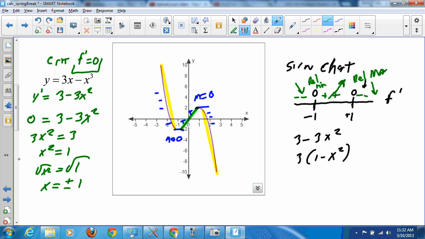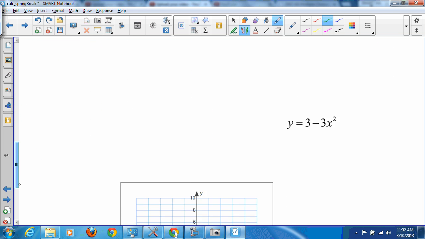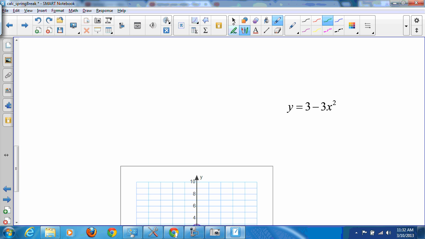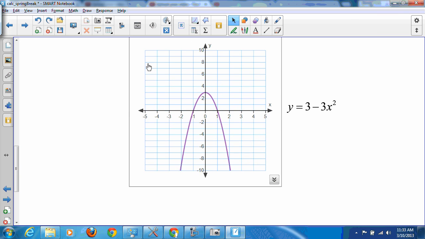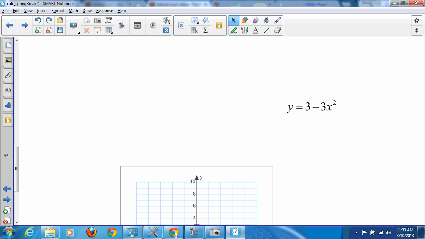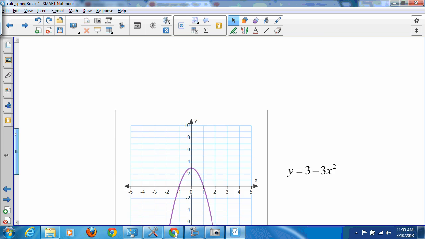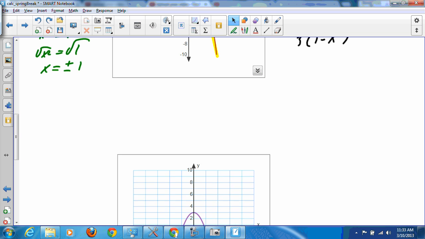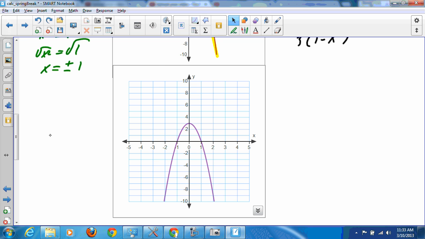Well, let's take a look at the derivative graph. I went ahead and graphed it over here, so let me pull it up a little closer so we can see it on the same screen. There we go.